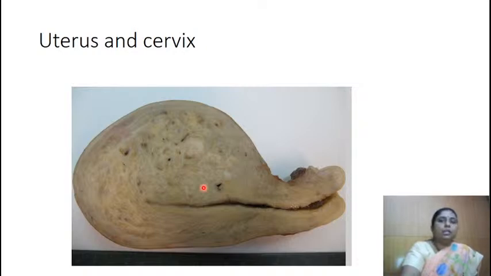To keep the tissue intact and as close to the living state as possible, what we do is put the specimens in formalin, is it not? So when we put the specimen in formalin, we call it fixation of the specimen.